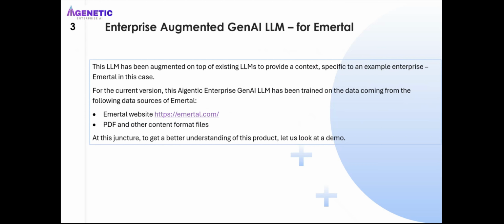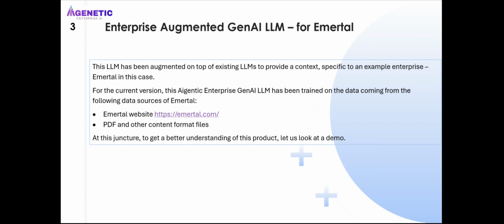Now, to showcase the powers of this particular augmented LLM, we have taken Immortal as an example enterprise. So this LLM has been augmented on top of existing LLMs to provide a context specific to an example enterprise, Immortal in this particular case.